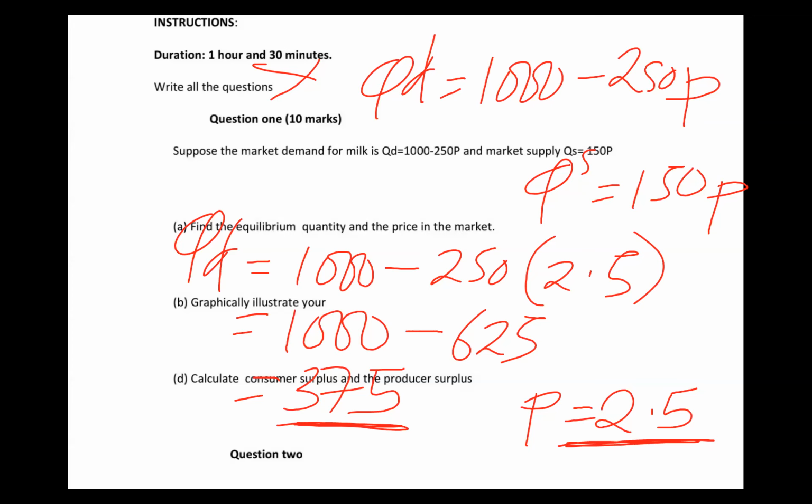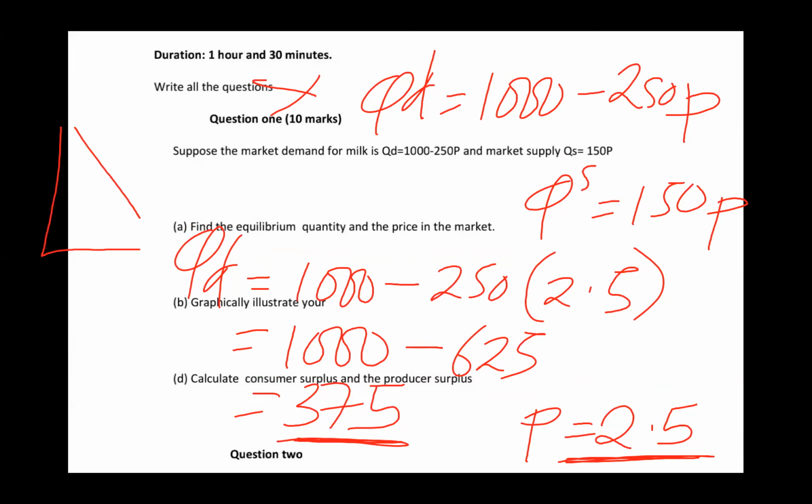Then the second question says, graphically illustrate your answer. So you have to illustrate this on a graph. Do you remember what we said last time? A graph is always like this, for demand and for supply.